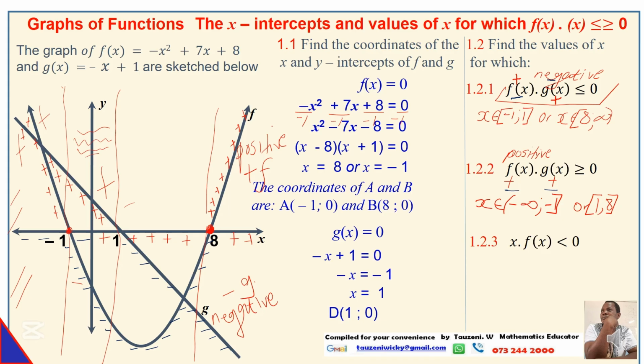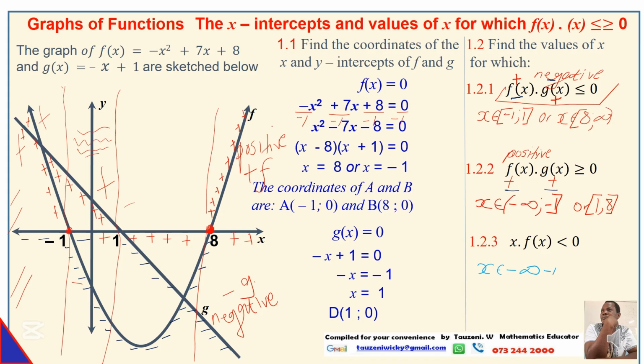So we are looking for somewhere on the grid where the x-axis is negative and the graph f must be positive. And we can see that this is happening from x equal to negative infinity up to x equal to negative 1.